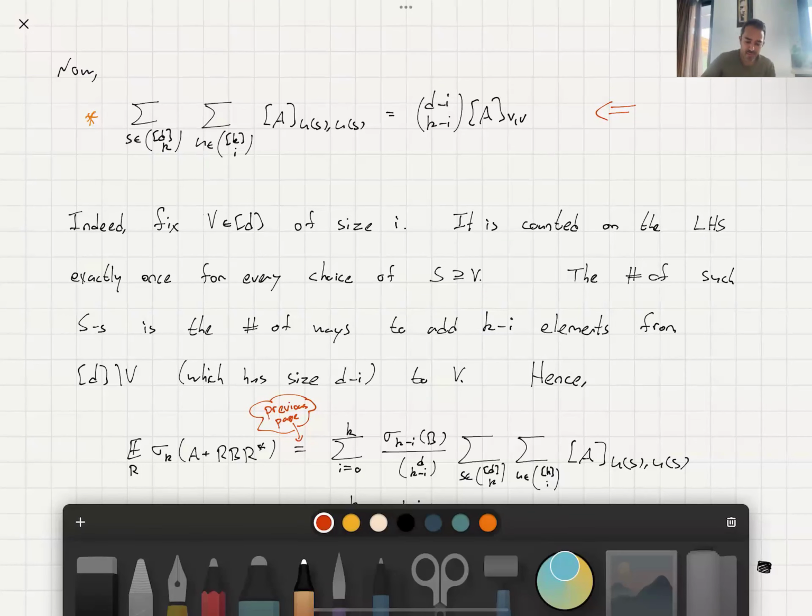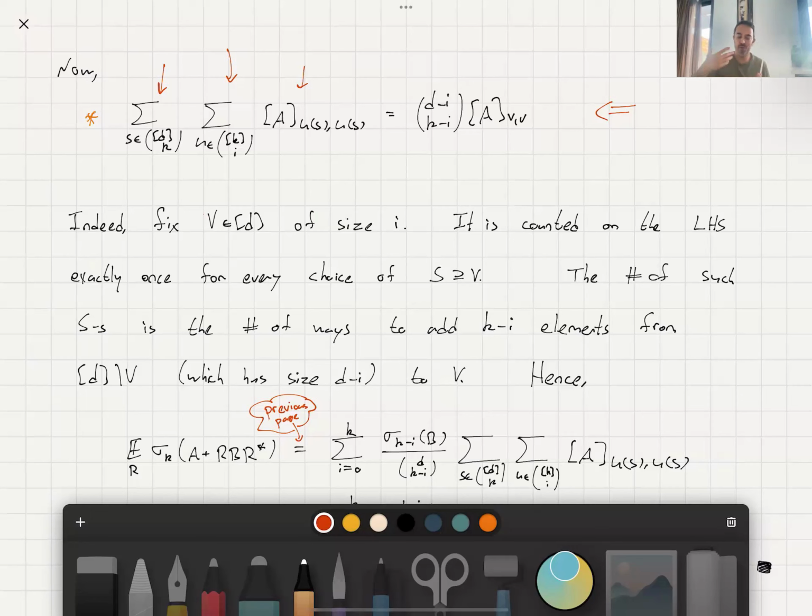because what you're doing here is you sum over minors, but you overcount. You sum over minors of A of size i, but the way you do it is you first choose a set S of size k inside 1 to d, and then you choose a subset of size i in that set, and you take the minor of the set that you ended up with.